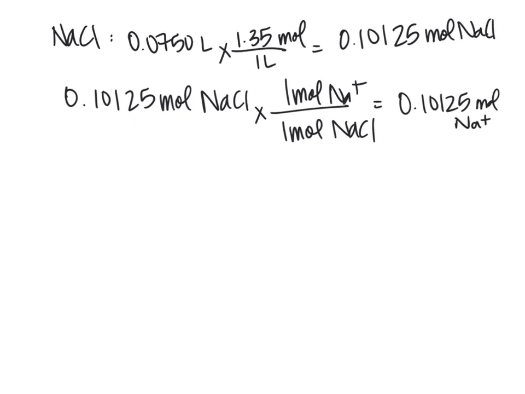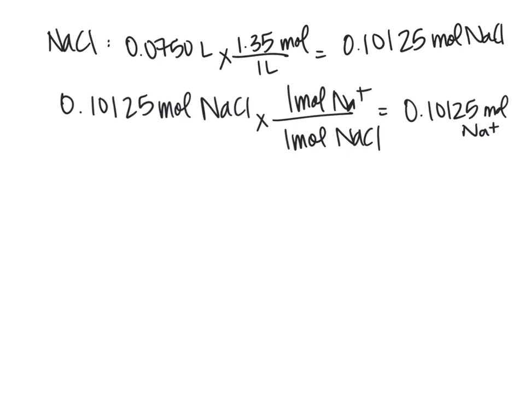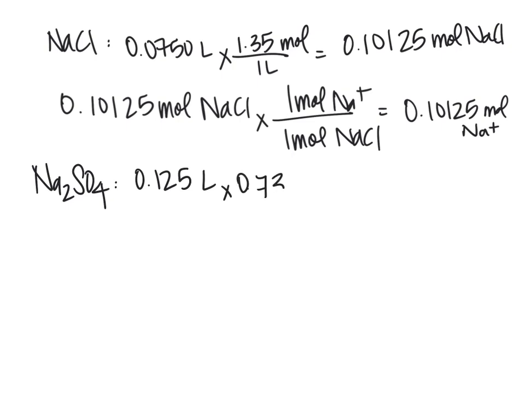So that's good. But now we need to consider the second compound, which is 125 mL of 0.732 molar sodium sulfate. So we're going to take our volume, which is 0.125 liters, multiply that by our concentration of 0.732 moles in 1 liter.